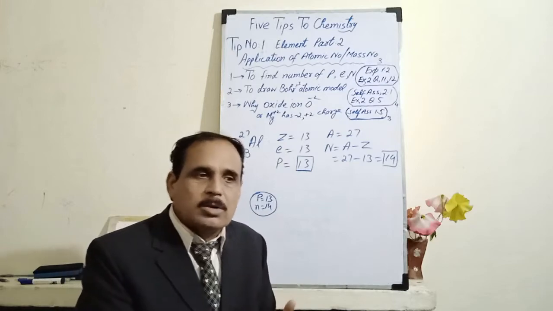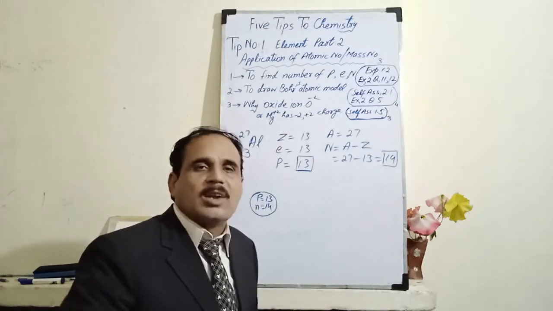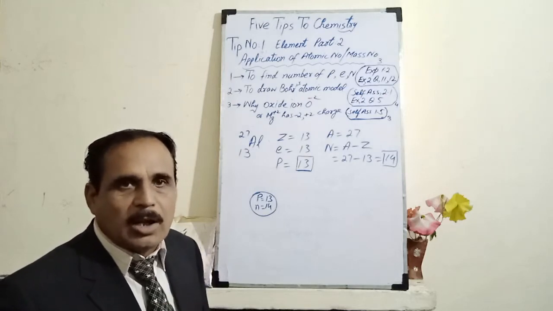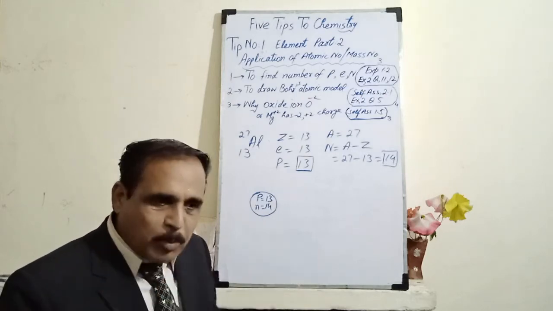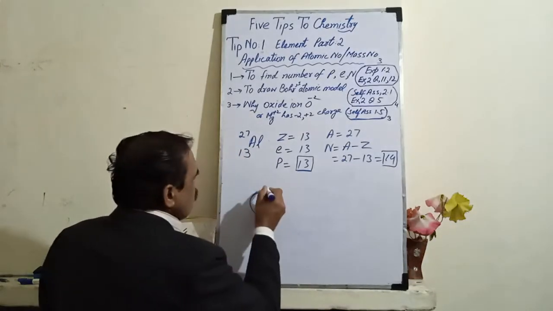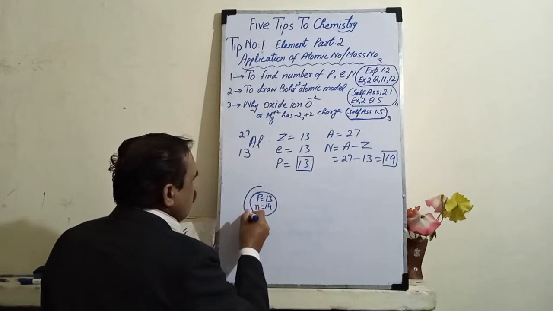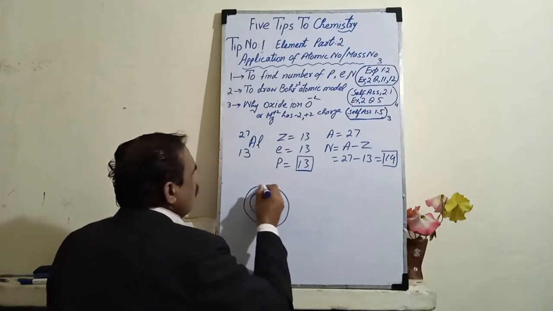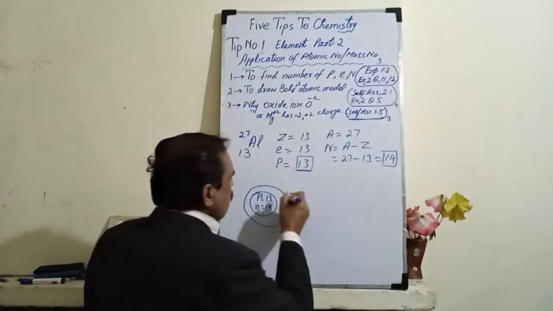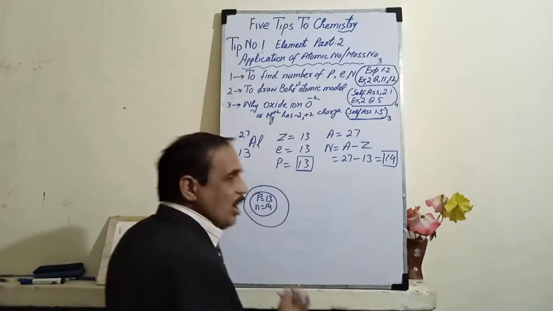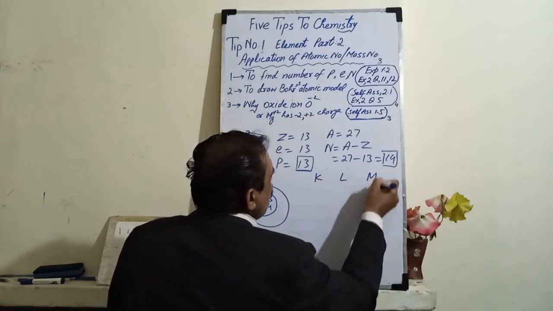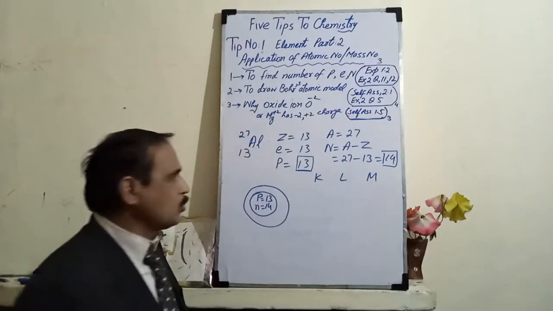You have filled it. Now the outer part, that is called shells, orbits or energy levels, which are imaginary paths on which electrons revolve. These are indicated by lines. You know, these shells are named as K, L, M, N and so on.